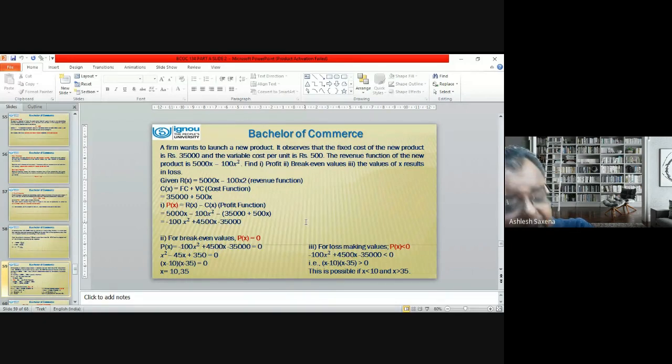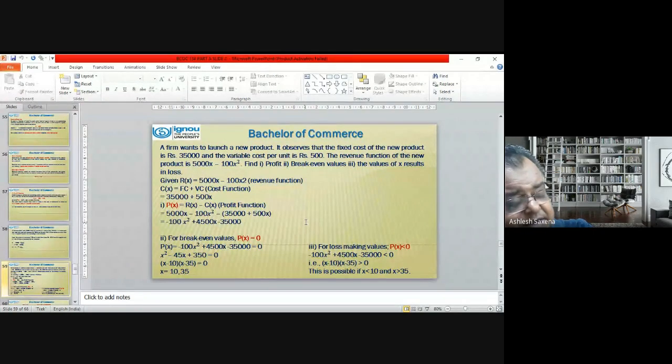To factorize this quadratic equation, we have to split the middle term. Here we get (x minus 10)(x minus 35) equal to 0. That means x minus 10 is equal to 0 or x minus 35 is equal to 0, so x is 10 or 35.